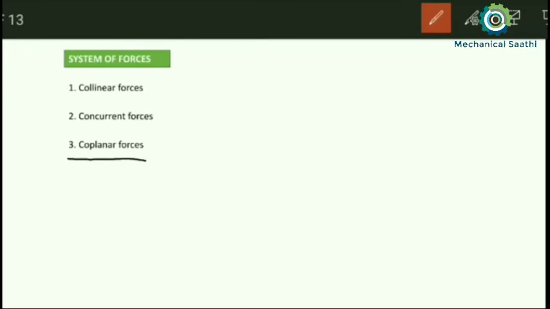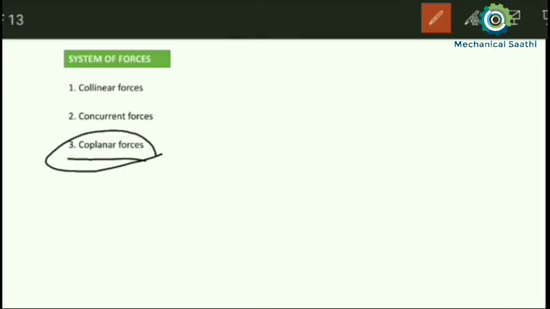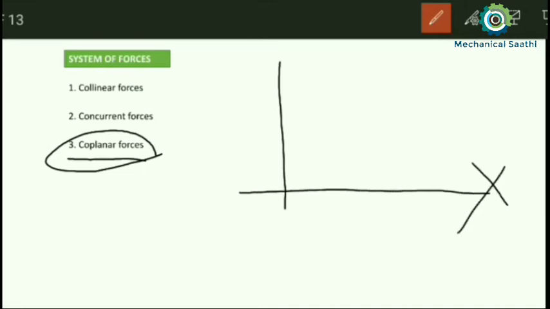It means if forces are acting in a single plane, then that type of system of forces is known as coplanar forces. Let me draw a 3D system. We know about the 3D system. Let this be x, this be y, and this be z, which is perpendicular to the board.